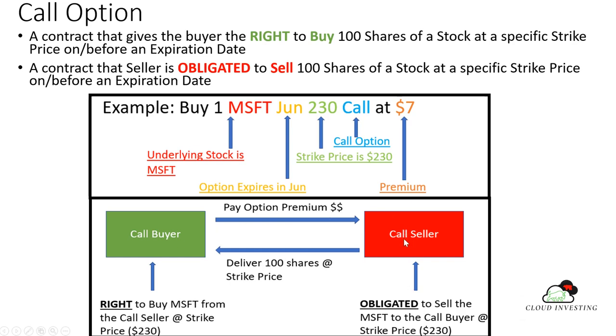If you are the call seller, you receive the premium from the call buyer. After you receive the premium, you are obligated to sell your Microsoft shares to the call buyer at the strike price of $230. So the call seller will have to deliver the 100 shares at the strike price.